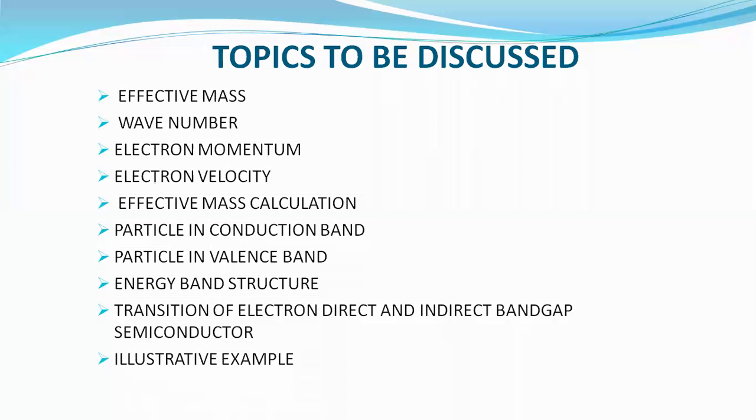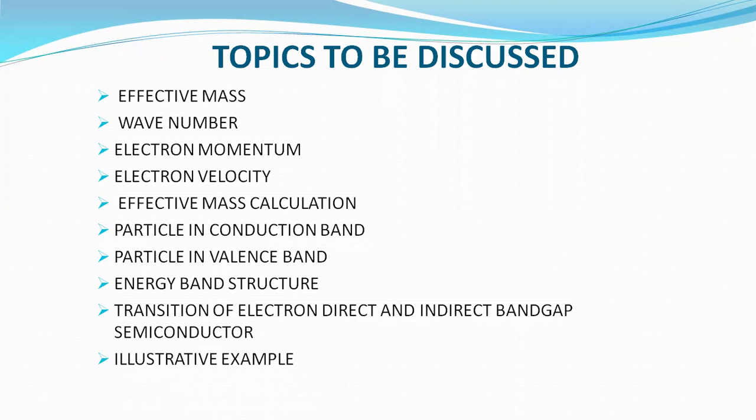We'll discuss effective mass. Any atoms inside a semiconductor or inside a material have some binding energy, and this binding energy depends on different characteristics of the material.